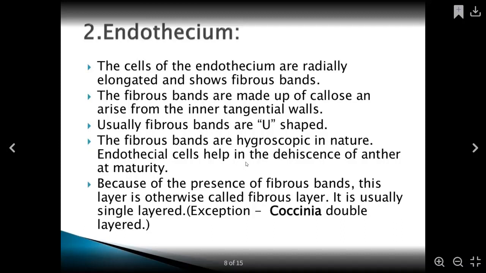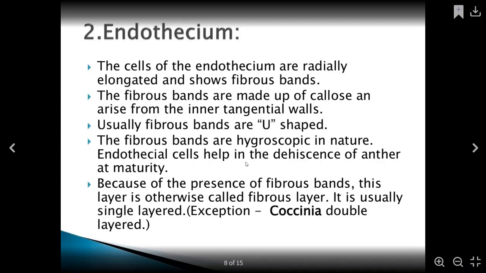Usually the fibrous bands are U-shaped, and some are C or U-shaped. The fibrous bands are hygroscopic in nature and help in the dehiscence of the anther at maturity. Because of the fibrous bands, this layer is also called the fibrous layer.